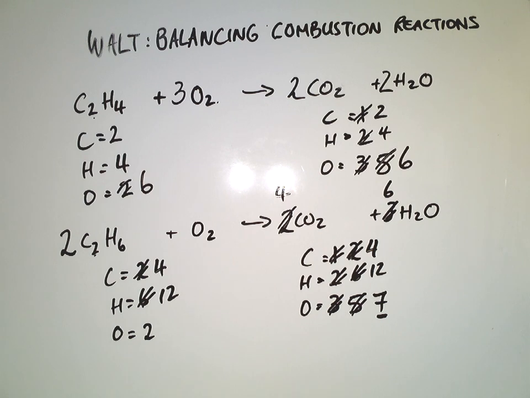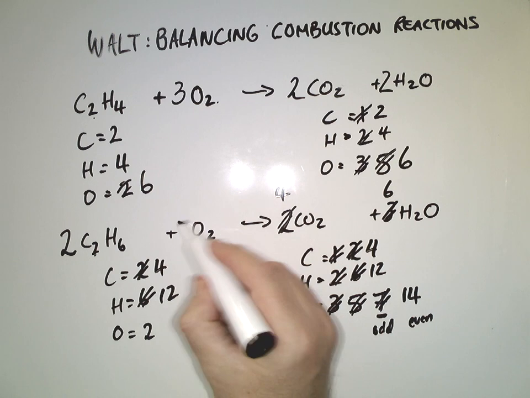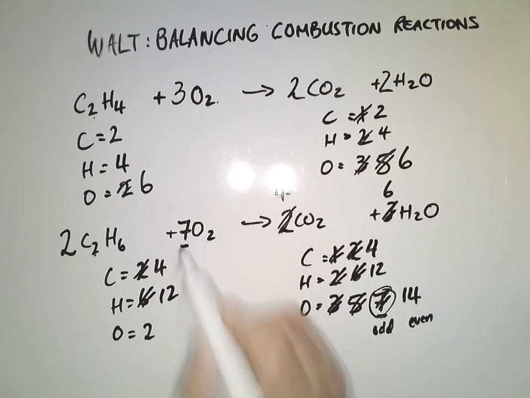But watch what happens, because 4 times 2 gives me 8 oxygens here, plus another 6, which gives me 14 oxygens. Now notice that I've changed from an odd to an even number. And of course, if I want to make 14 oxygens on this side, then I actually need to times this 2 by the number 7. Now notice that this 7 is the number that's going to come out in front of my oxygen there.